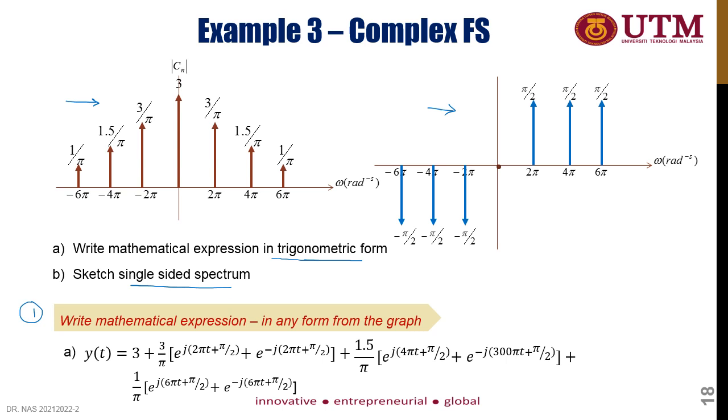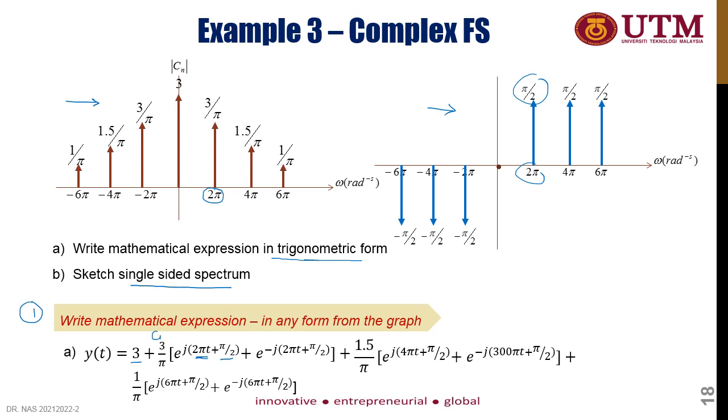So C naught equal to 3 plus C1, e^(j omega naught t) for the first one, positive omega naught. The phase at 2 pi is positive pi over 2, so that's why it is positive pi over 2.